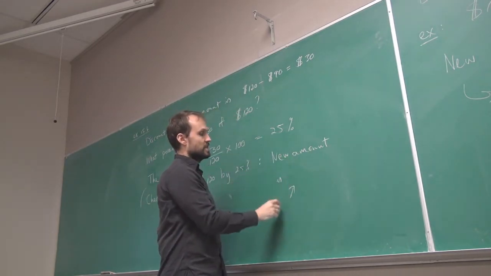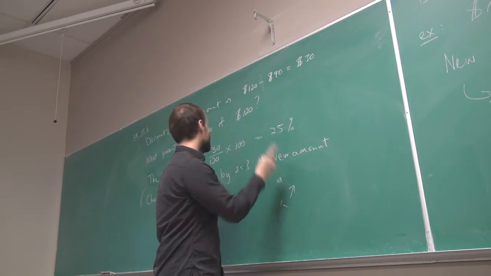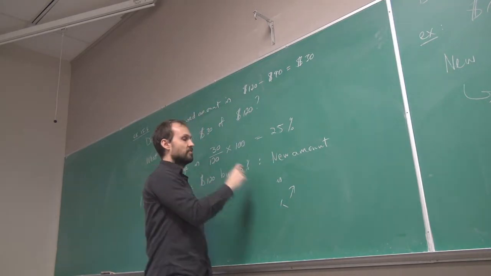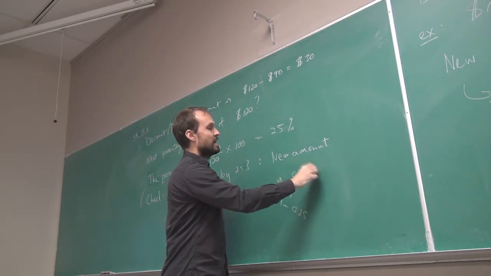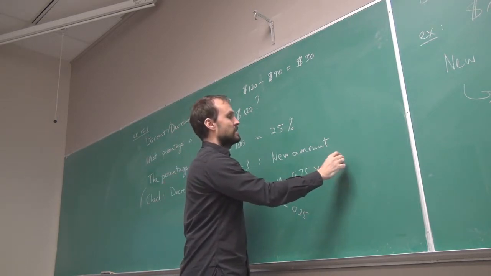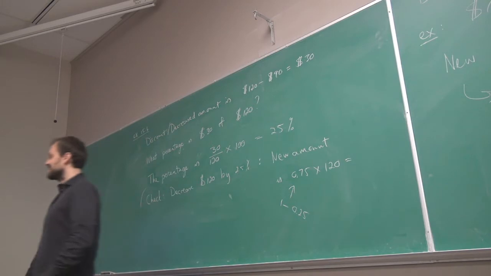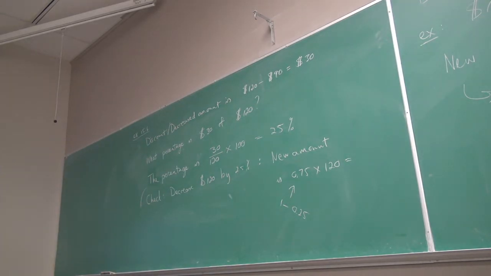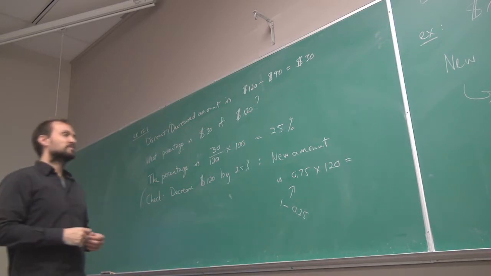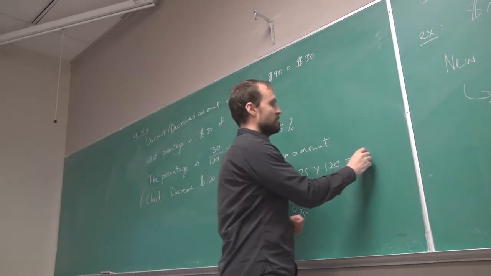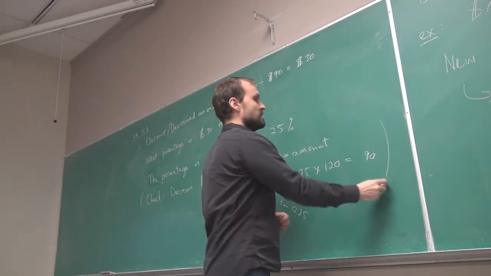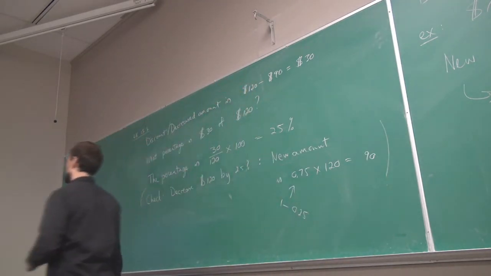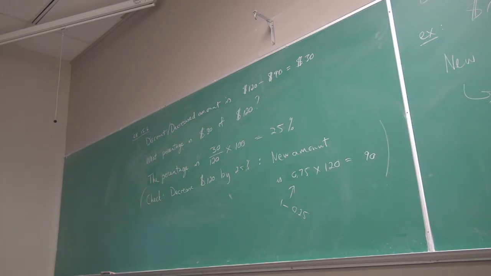The decimal version is 1 minus the decimal version of 25, so it's 0.25. So it's 0.75 times 120. Do I get 90? It's not really the emphatic yes I was hoping for, but I do. So it's time to get busy with some calculations now.